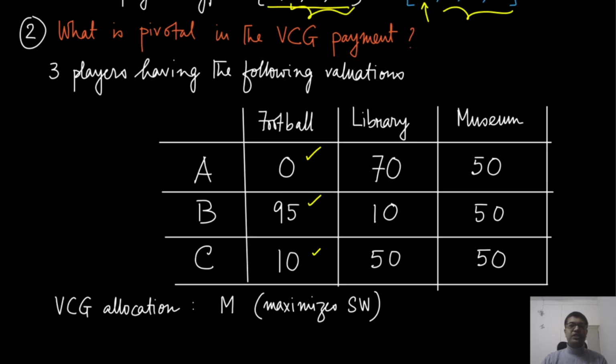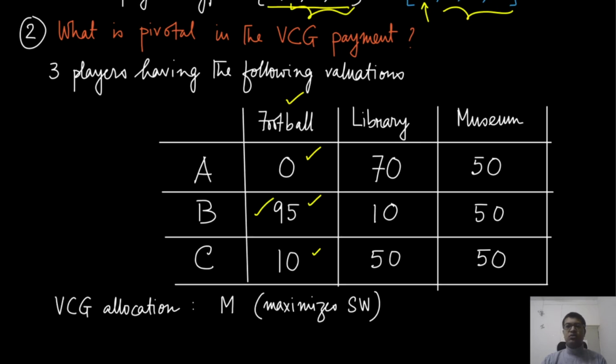Now if we apply the VCG mechanism here, note that the VCG mechanism comes from the class of Groves mechanisms. The allocation rule is the same rule which picks the alternative or the allocation that maximizes the sum of the valuations. If we look at this alternative here, it gives a total social welfare of 105.